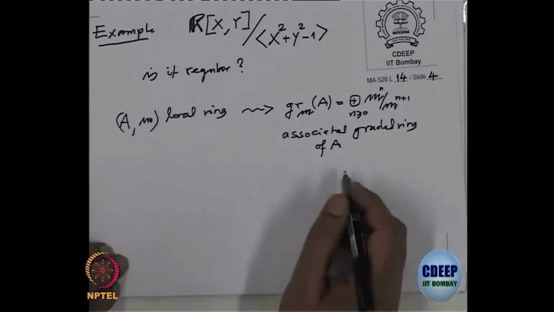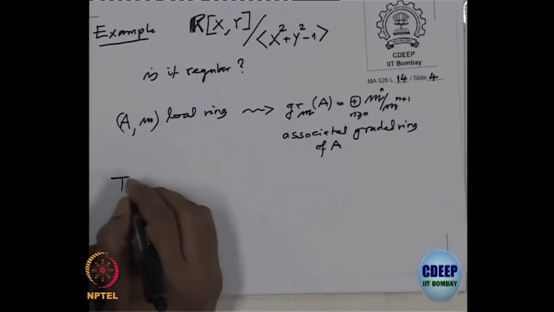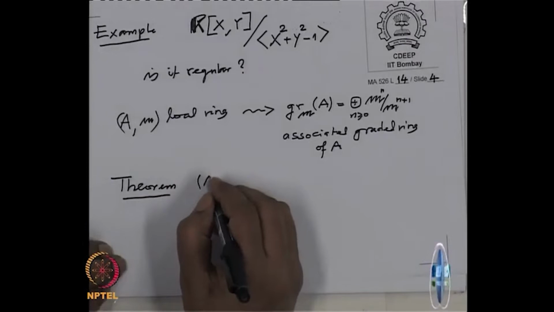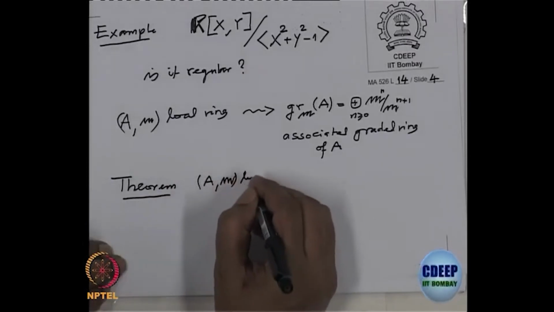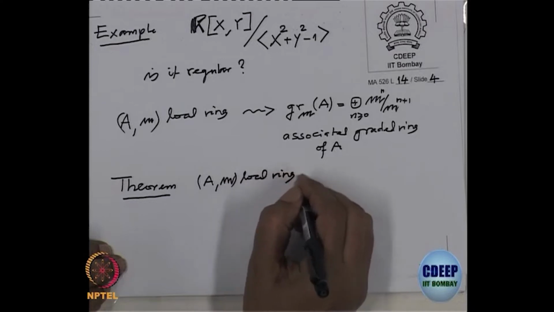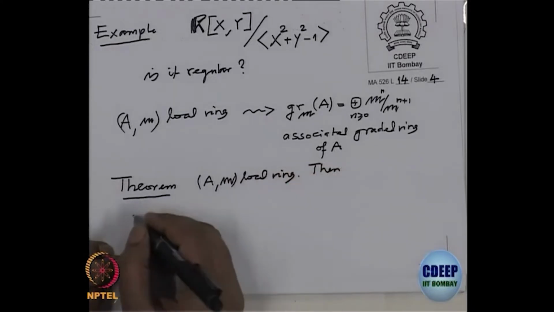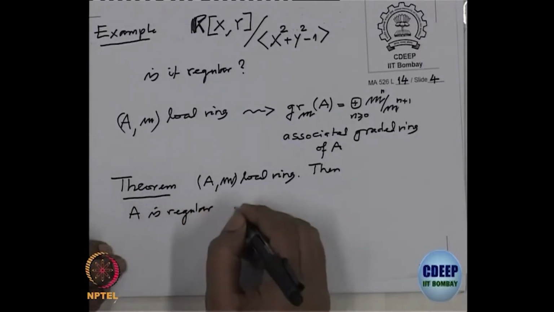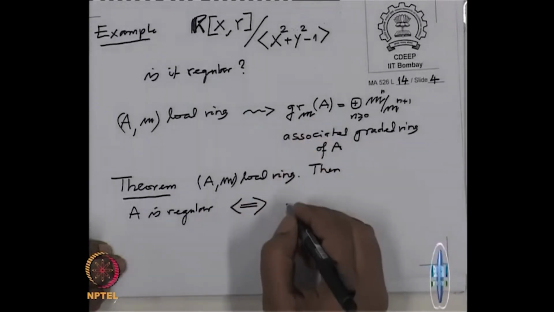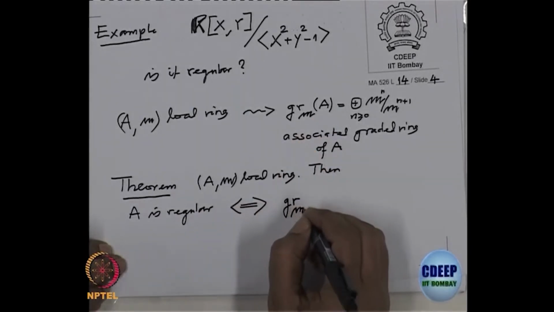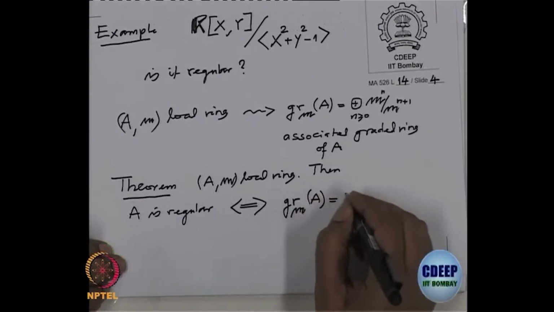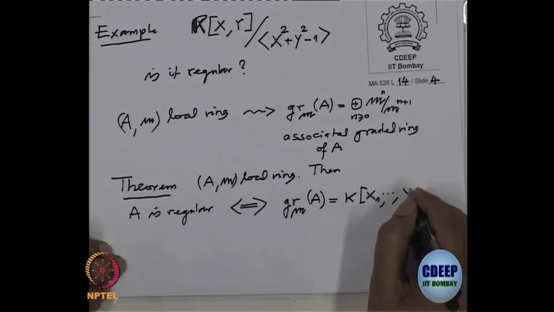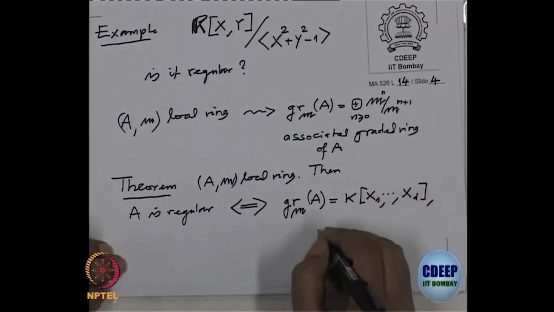Now, the first important observation is, let us write it as a theorem: let (A, M) be local. Then A is regular if and only if the associated graded ring is a polynomial algebra in D variables over K, where K is the residue field.